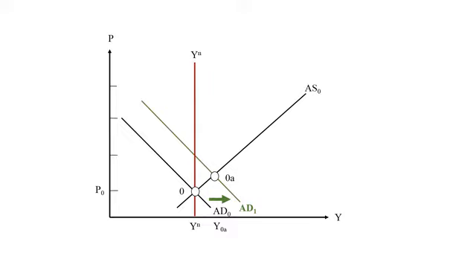However, as unemployment falls below the natural level, wages will rise and the aggregate supply curve will begin to shift to the left immediately. This shift will end when the aggregate supply curve becomes AS1. At this point, the economy will return to its natural output level on the long-run aggregate supply curve.